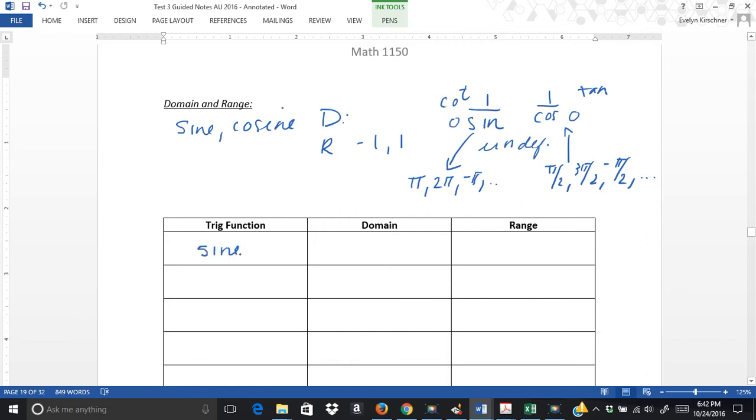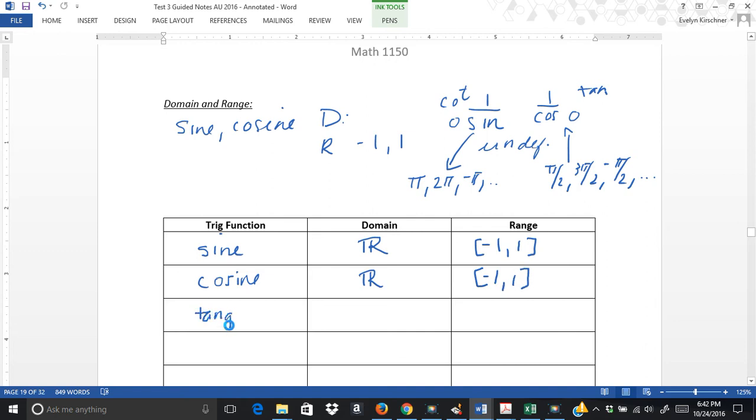Sine has a domain of all the reals, and its range is from -1 to 1. Cosine has a domain of all reals, and its range is from -1 to 1.